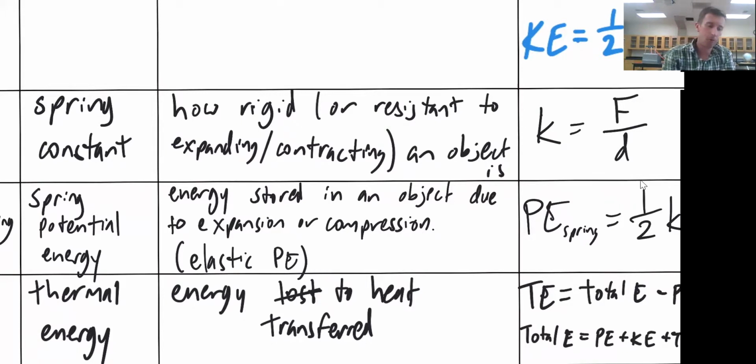I could say the force 4 newtons divided by 0.1 meters or 10 centimeters gives me a spring constant of 40 newtons per meter.